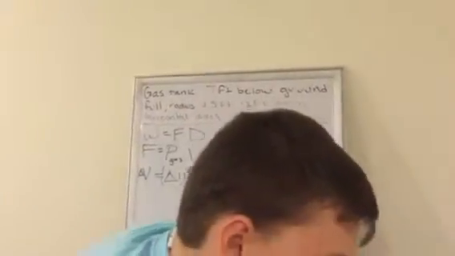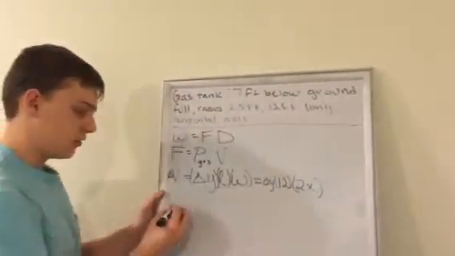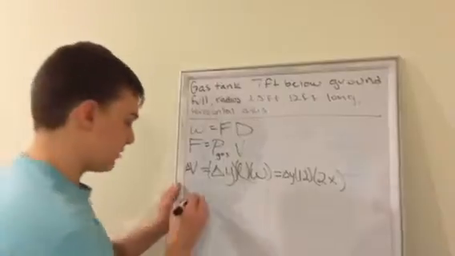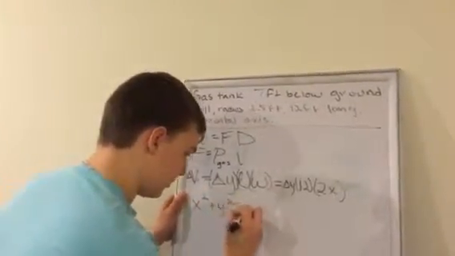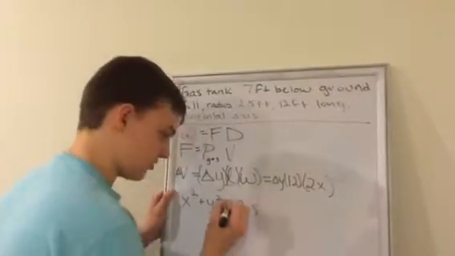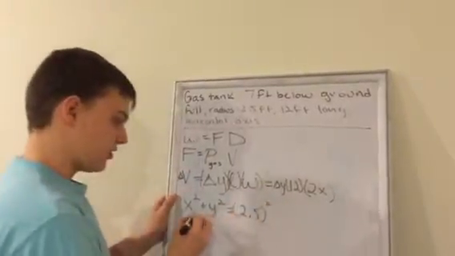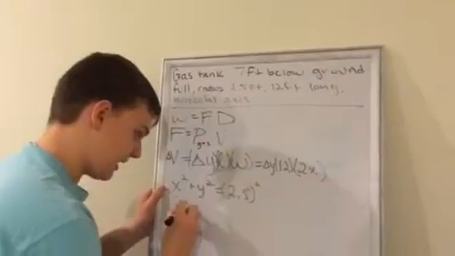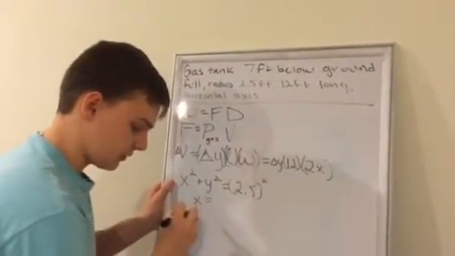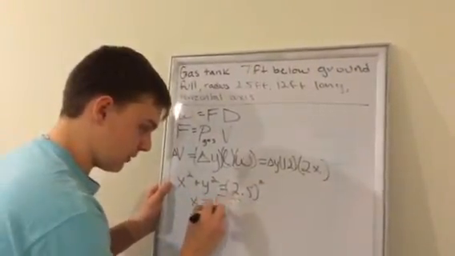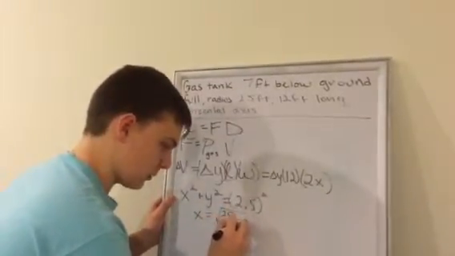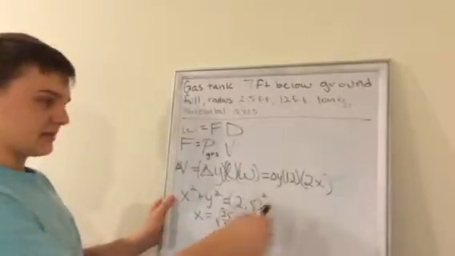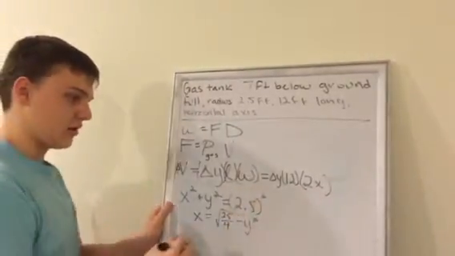So, as you can see there, with x starting at the origin, we know that the base of our tank will make x squared plus y squared equals 2.5 squared, which is our radius squared. Solving for x, we get x equals the square root of 25 over 4 minus y squared. And that's the x we will replace there.